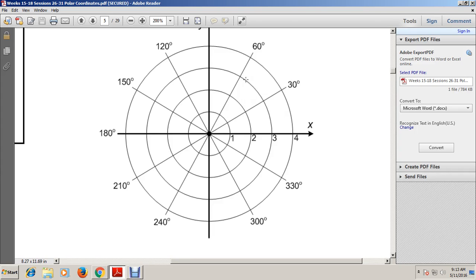To illustrate that, for example, this is your ray here. The length of this ray corresponds to the length of this arc.